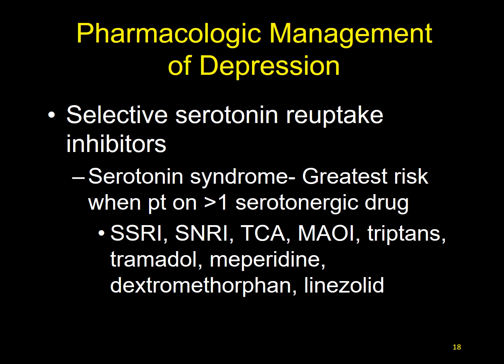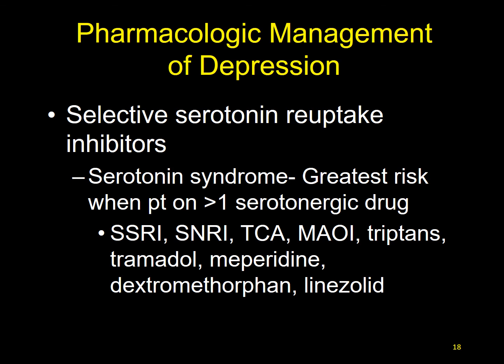So these are some examples of serotonergic drugs. Obviously the SSRIs, SNRIs, TCAs and MAO inhibitors we'll talk about in a little bit, but these are all antidepressants which ultimately all increase your serotonin concentration. Also the triptans like sumatriptan, for migraine headache, and there's a bunch of drugs in that category, of course. I can't think of any of them right now, but there's several drugs in the triptan family.